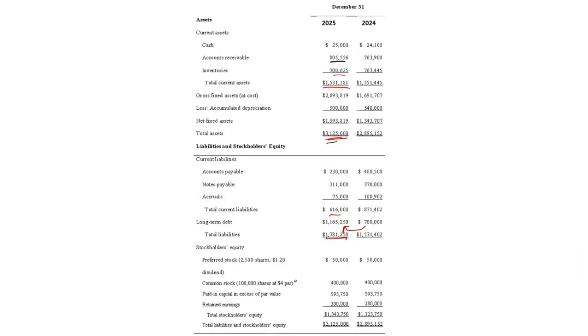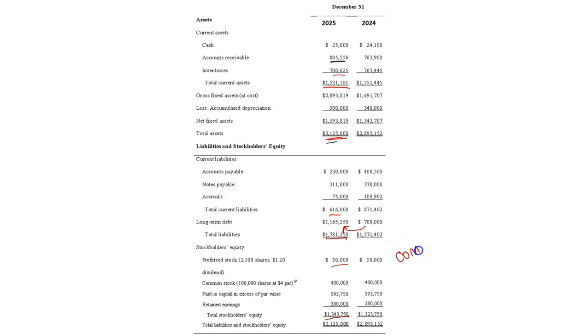So if we look, we see total shareholders equity is $1,343,750. And preferred stock is $50,000. So we do have to deduct that to get common stock equity.